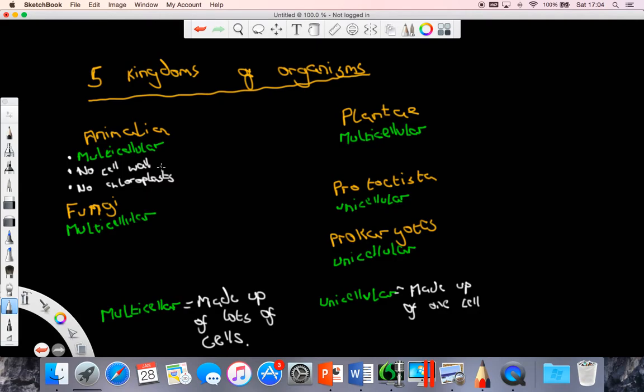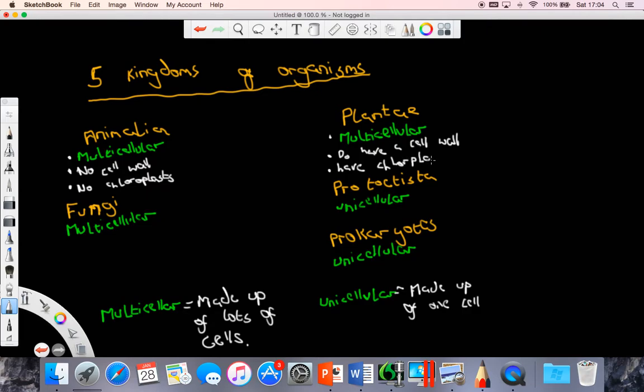Okay. On the other hand, Plantae do have a cell wall, and they also have chloroplasts.